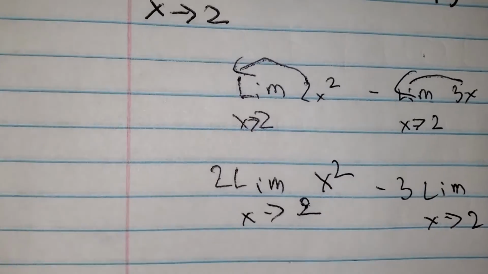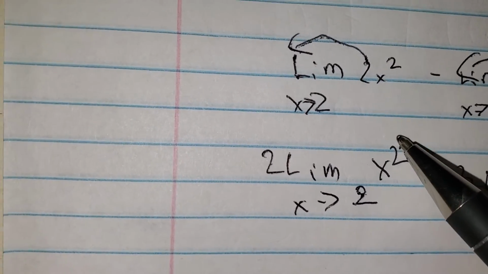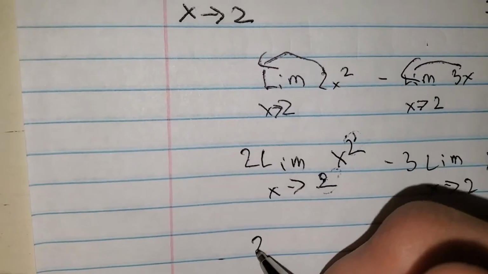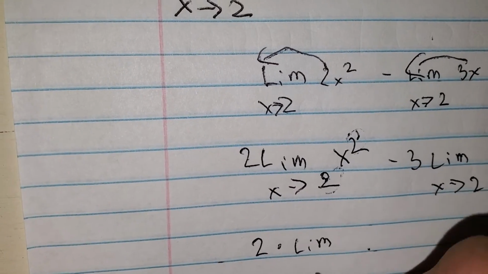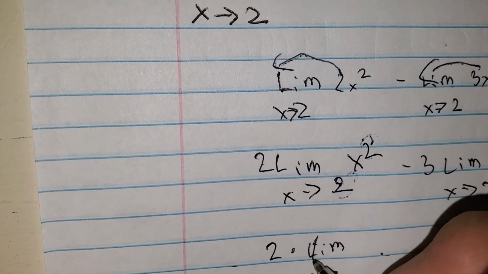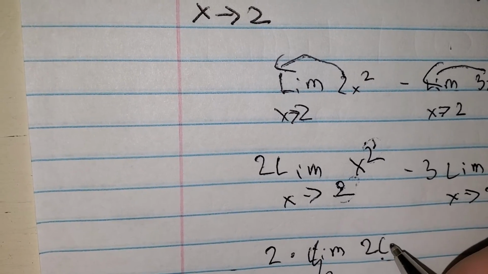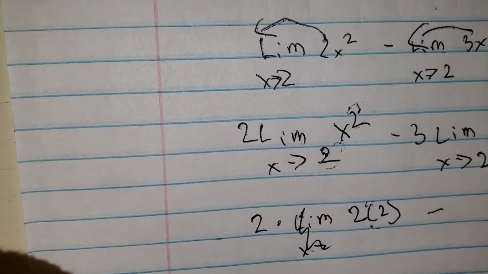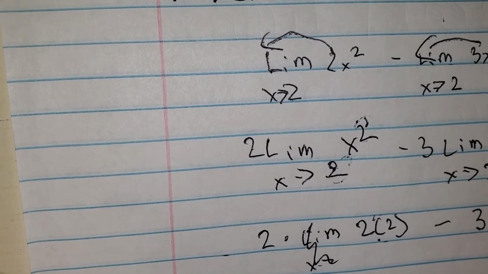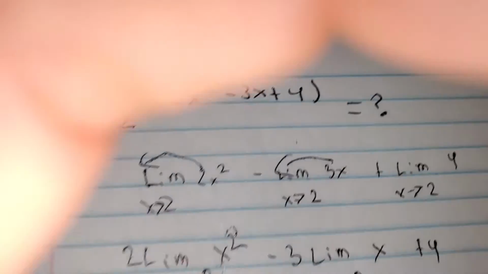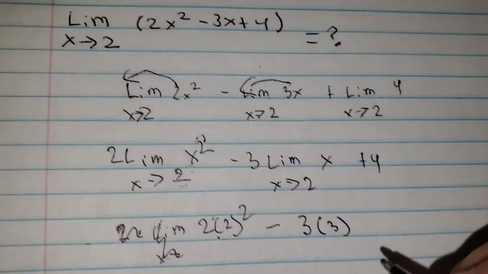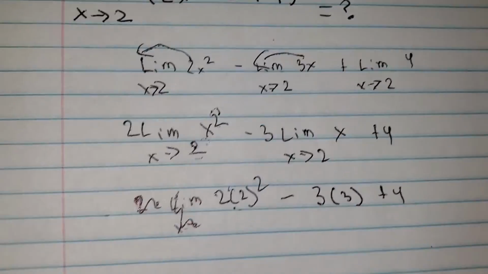Okay. So now, this is raised to a power. We can just directly substitute. So 2 times 2 squared, minus 3 times 2, and we're adding 4.